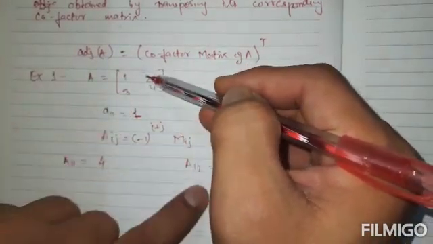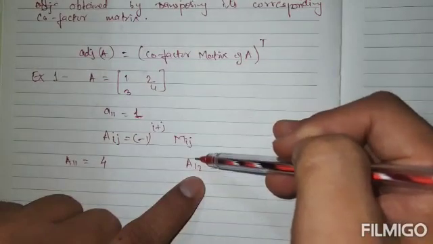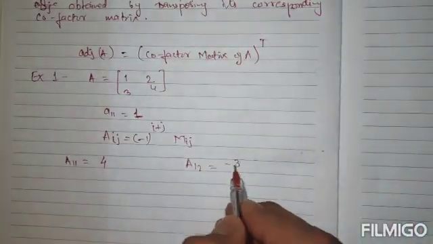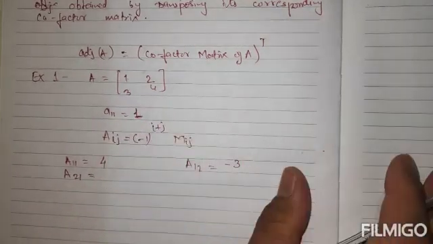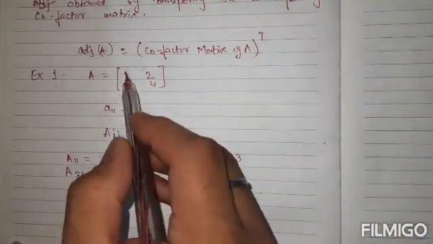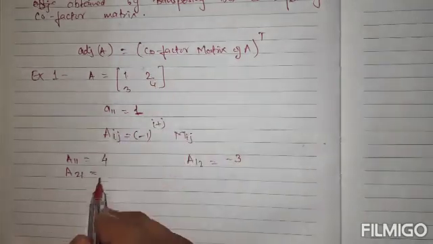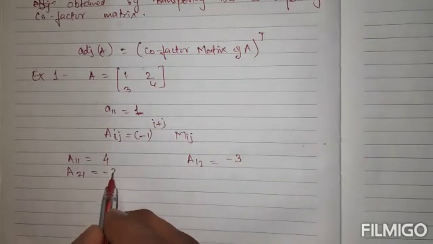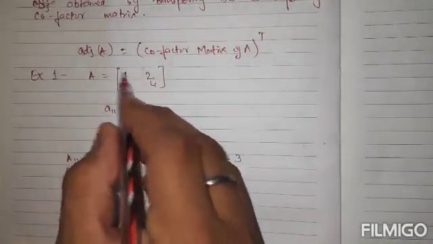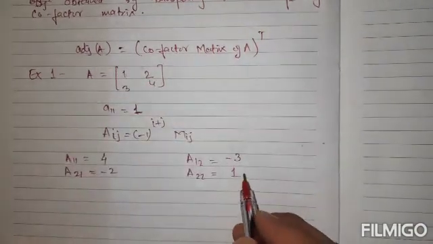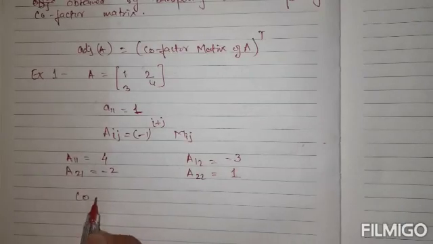But since this is an odd position, because the sum of 1 and 2 is 3, it will be -3. Then A21 means finding the cofactor of 3, ignoring them, we get 2, but it is an odd position, so it will become -2. And then A22, ignoring them, we get 1, so it is 1 since it is an even position.